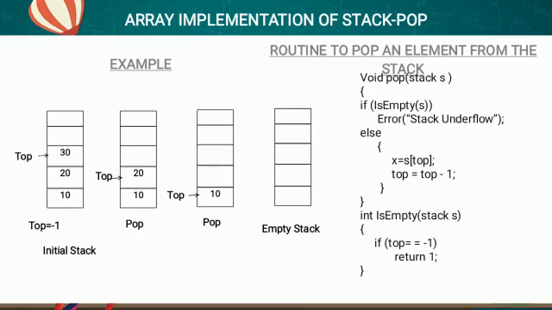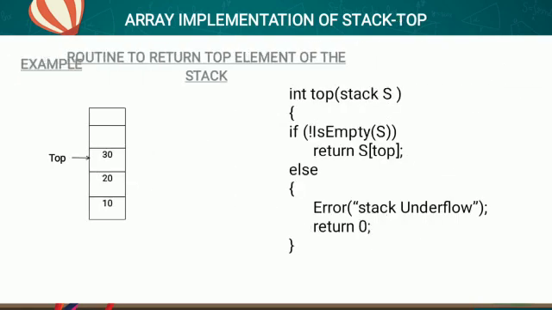That means the stack is empty and the deletion is not possible. But if the stack is not empty, then delete the top element from the stack and decrement the top pointer by 1. That's all for the pop operation.